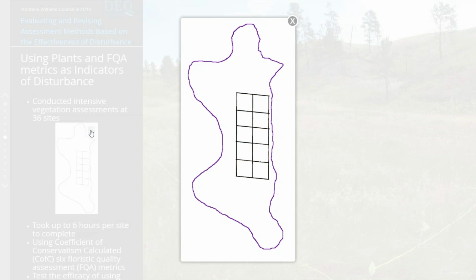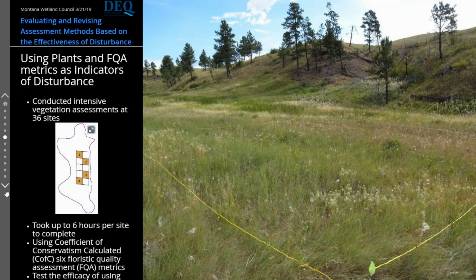And I feel like there's other information that we collected in there. But we did this very intensive assessment. Completing the intensive veg plots took upwards of 6 hours for each site. And that's an important number because that really informs when I talk about methods.